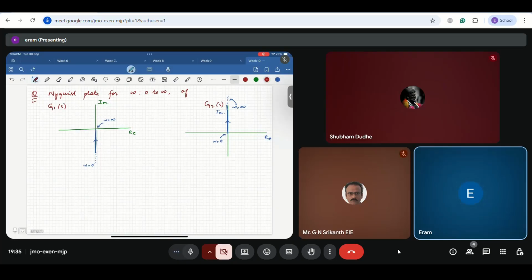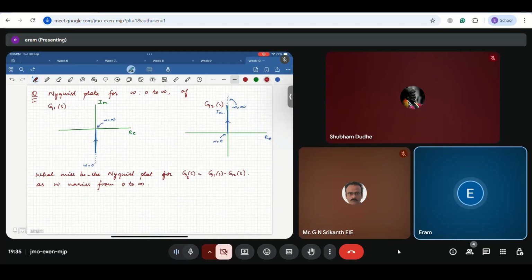What will be the Nyquist plot for g3(s), which is equal to g1(s) into g2(s), as omega varies from 0 to infinity?